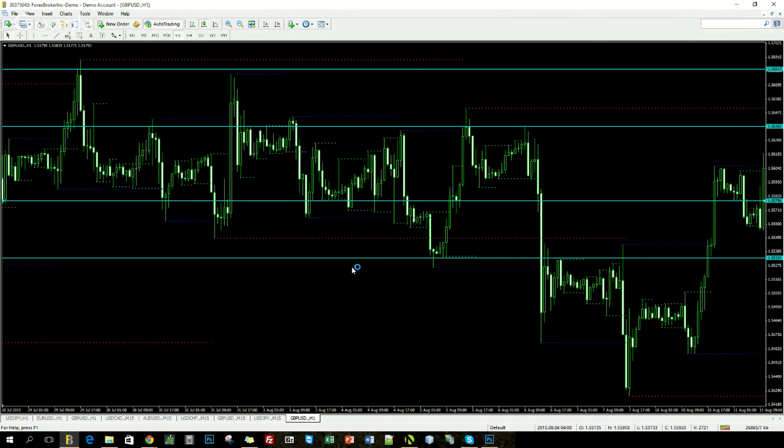So when we talk about support and resistance, we're talking about where price hits a level and drops down to another level or through a level and creates a new level, okay? Price fluctuates, and it fluctuates in between these levels consistently. Okay, and that's why so many traders use it.